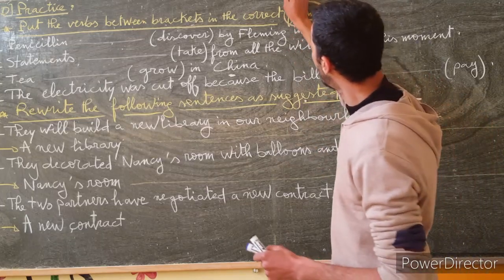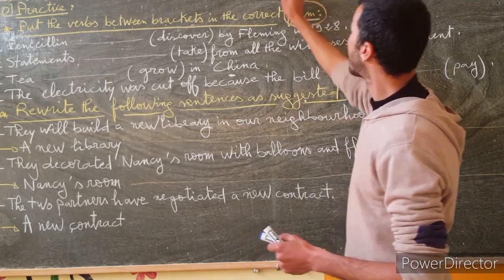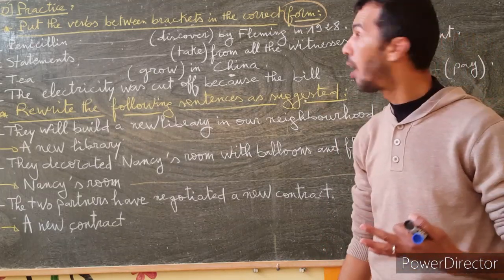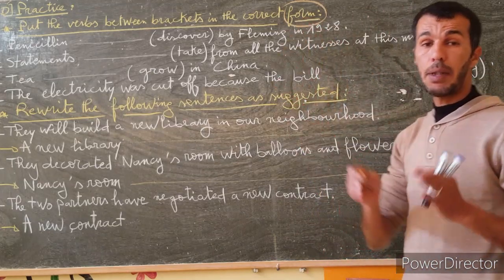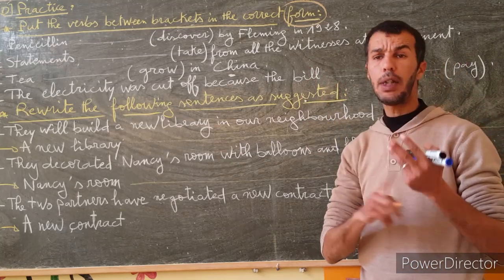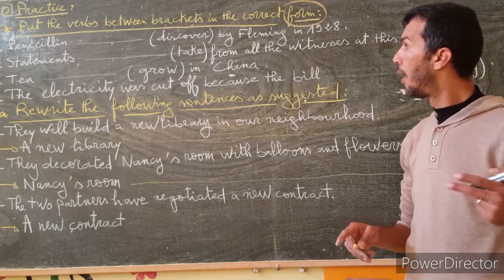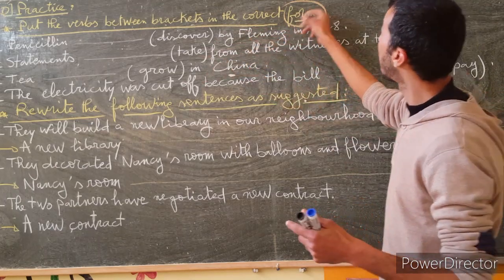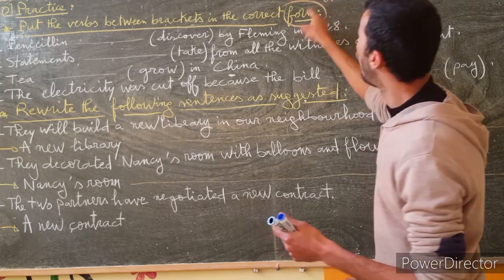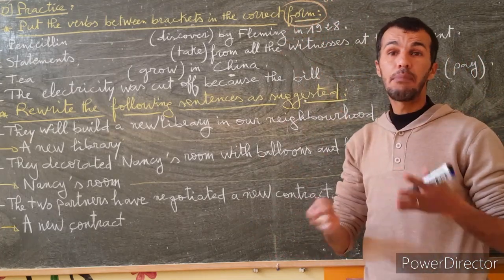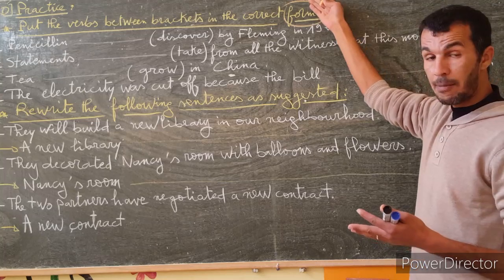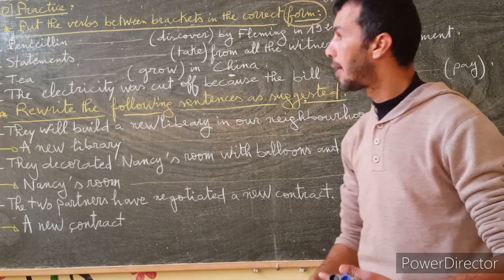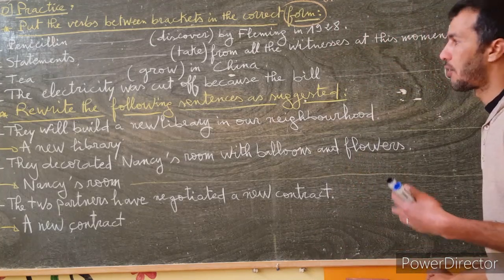If you have tense, you know, of course, that we are going to deal with simple past, present perfect, present continuous, etc. If we have form, you have to pay attention. It could be passive voice, it could be infinitive or gerund, it could be any other thing. But sometimes you have put verbs between brackets in the correct tense or form, which means you have a mixture between tenses and passive voice or infinitive, gerund or any other lesson like conditional or wish, etc.